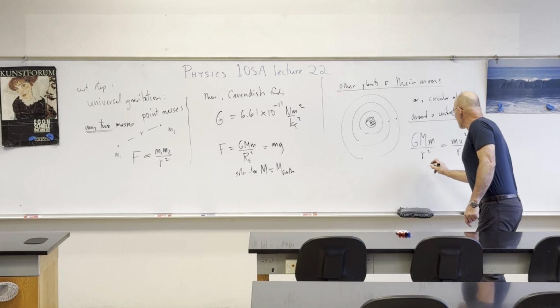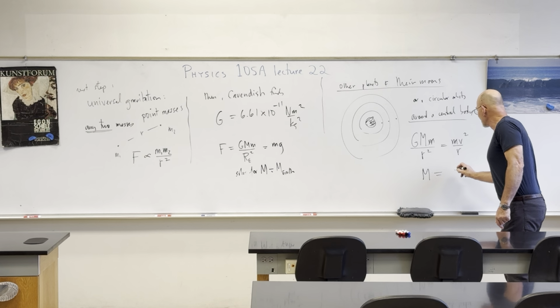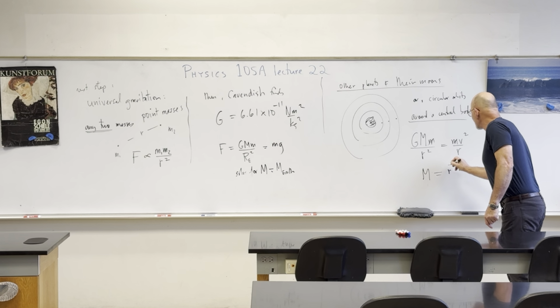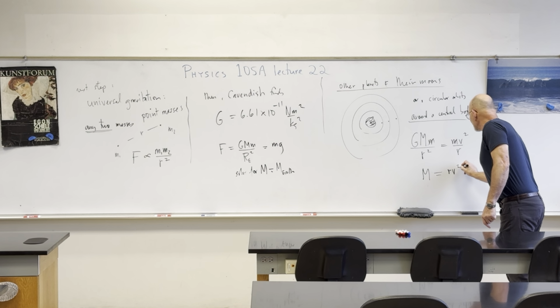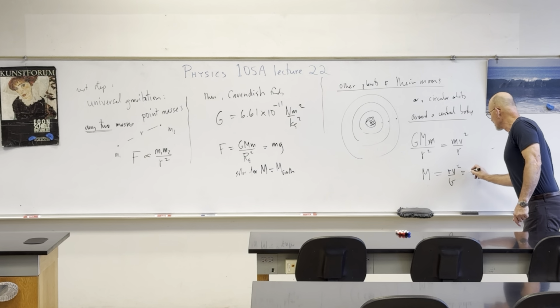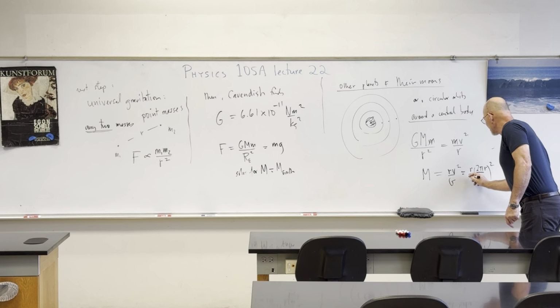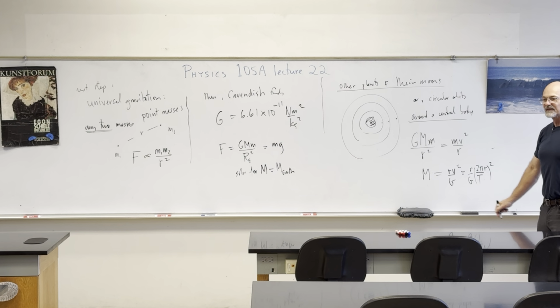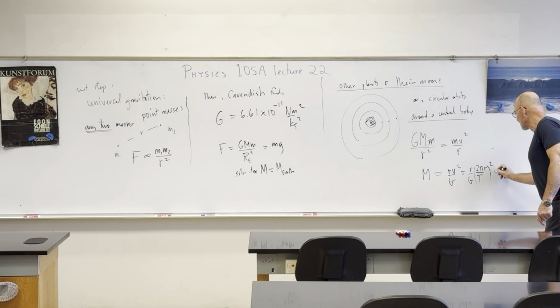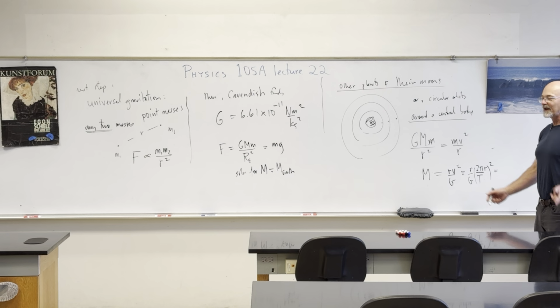And the mass, we can just write r, v squared over G, or r times 2 pi r over T squared G. I'm just going to write et cetera, because at that point you're just invoking Kepler's third law. Okay? So Kepler's third law is a real tool of the astronomers now.